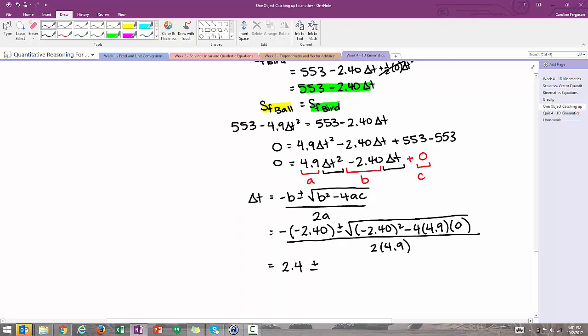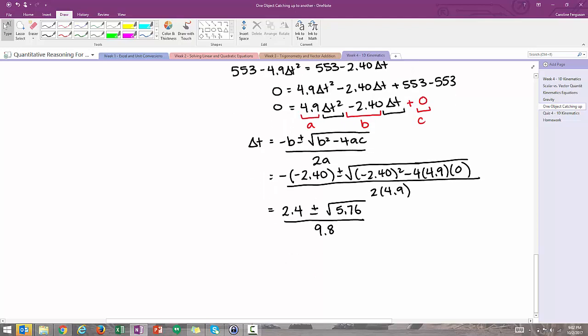Now I'll type everything into my calculator. I'm just going to type in what's inside the square root sign, and I just get the square root of 5.76 all over 2 times 4.9, which is 9.8.